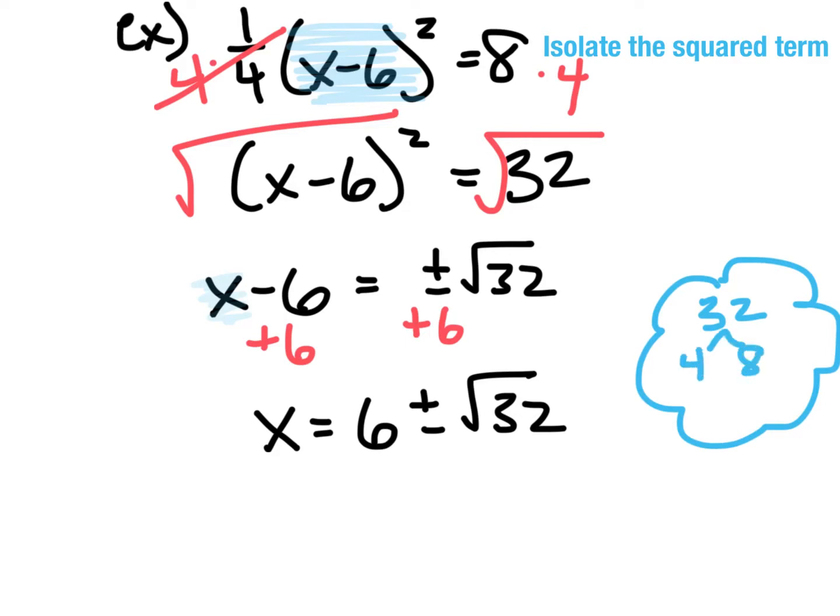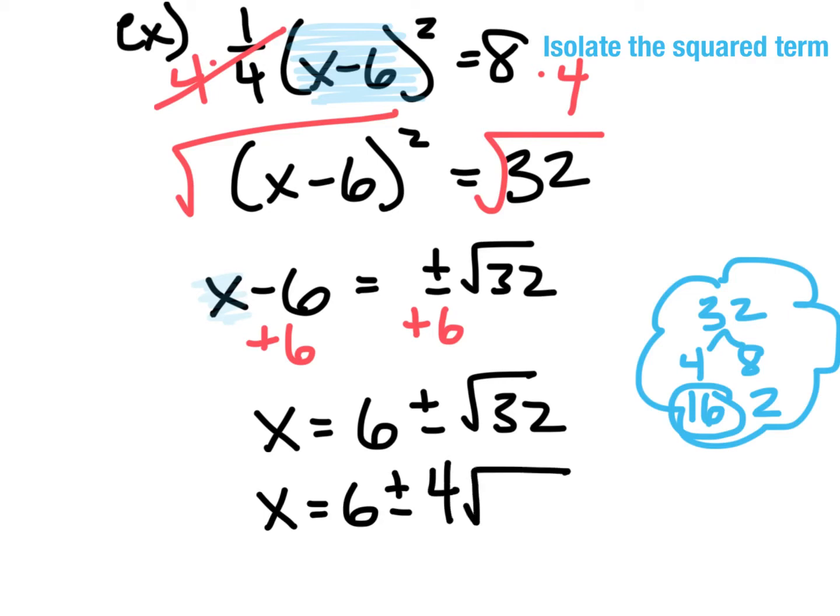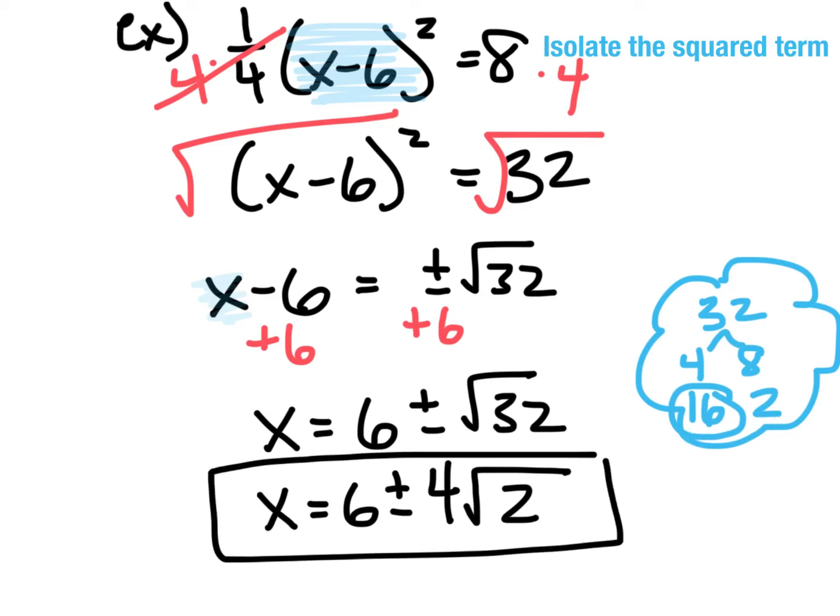But a bigger perfect square is 16 times 2. So I can take the square root of 16 and pull it out. So I have x equals 6 plus or minus, the square root of 16 is 4. And then inside the square root left over is the 2 that the 16 was multiplied by. So here we have x equals 6 plus or minus 4 square roots of 2.